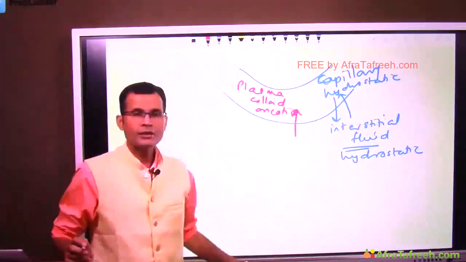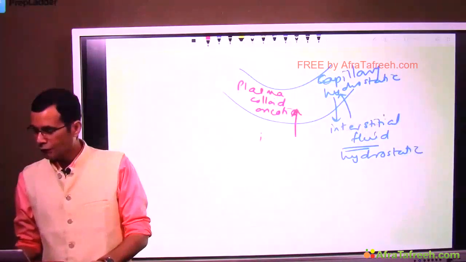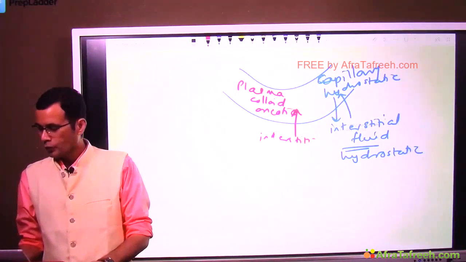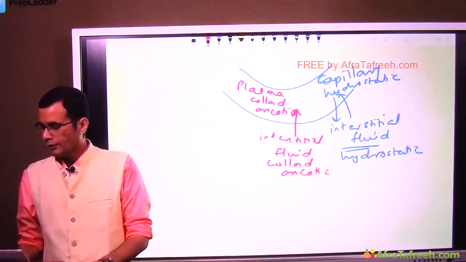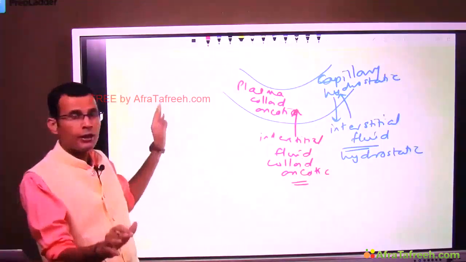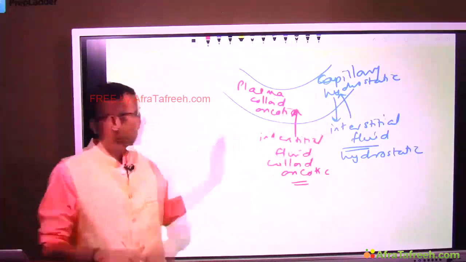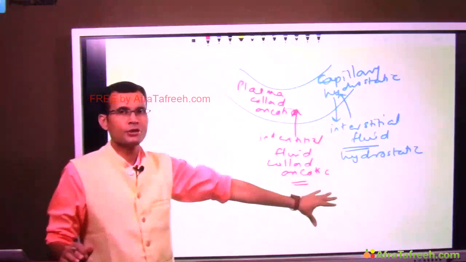In the interstitium there is interstitial fluid colloid oncotic pressure, because in most of the tissues, I'm not talking about the kidney here, the proteins do get filtered out into the interstitium.